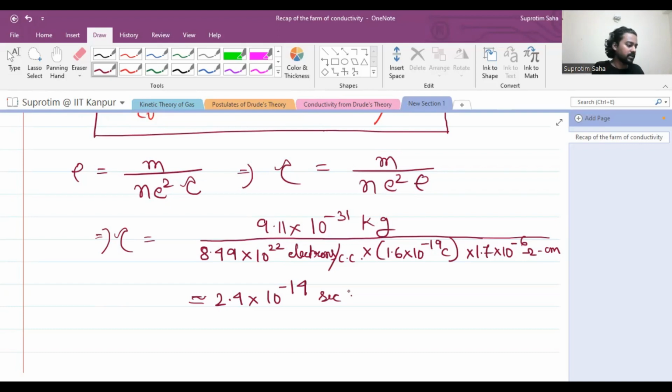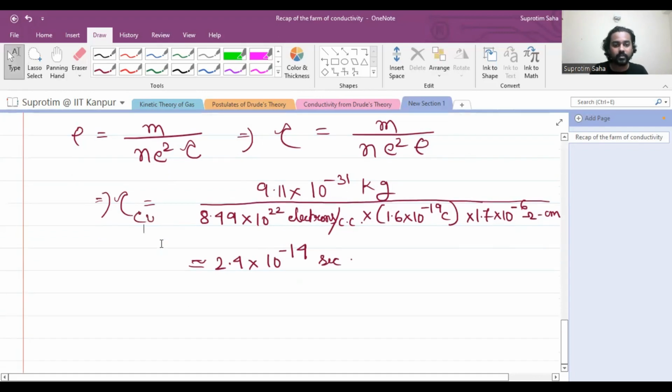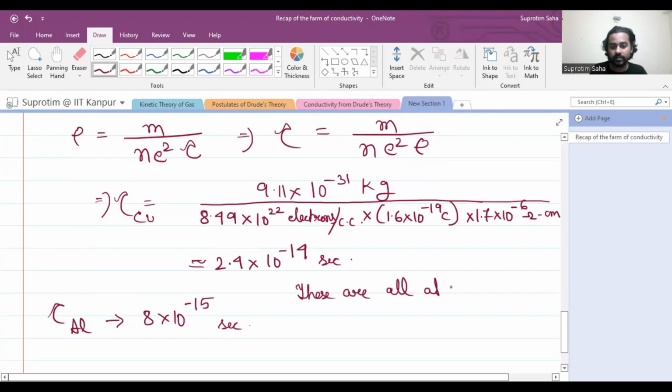All right. Now, this is for tau of aluminium. This is of the order of 8 into 10 raised to minus 15, all at room temperature.